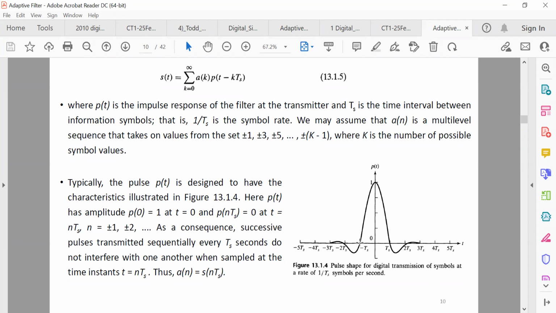And thereby, at this time, the channel is ready so that another symbol can be accommodated at that time.